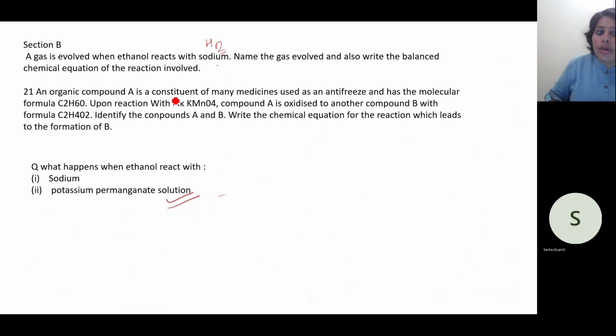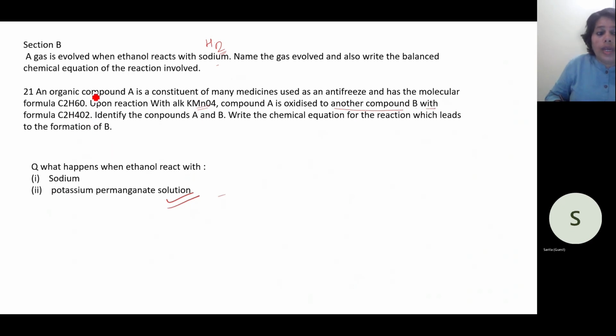An organic compound A is a constituent of many medicines, used as an antifreeze, and has the molecular formula C2H6O. Upon reaction with alkaline KMnO4, A is oxidized to another compound B with formula C2H4O2.